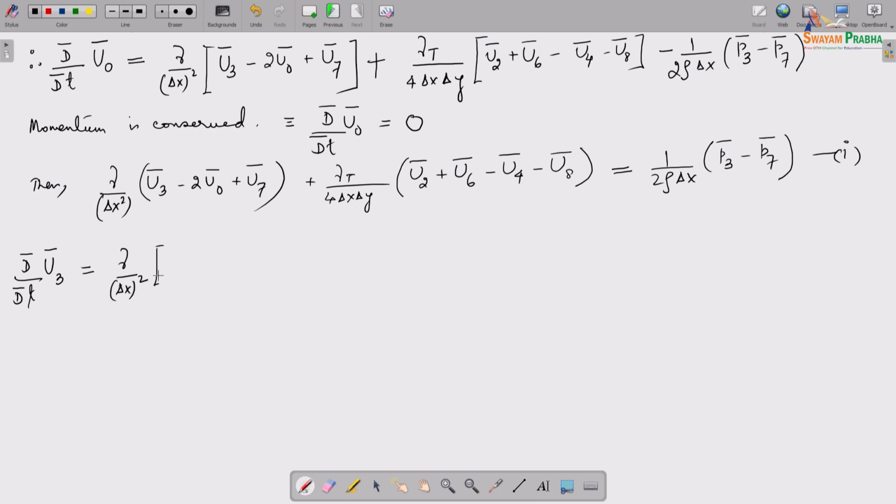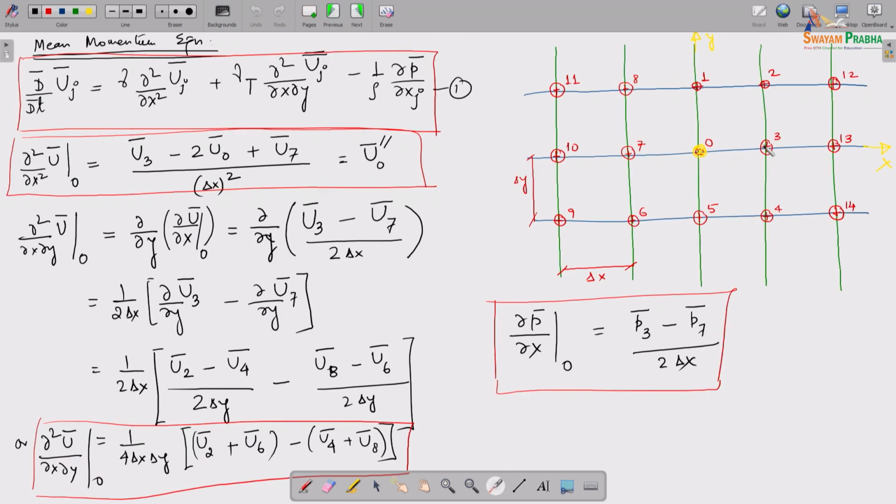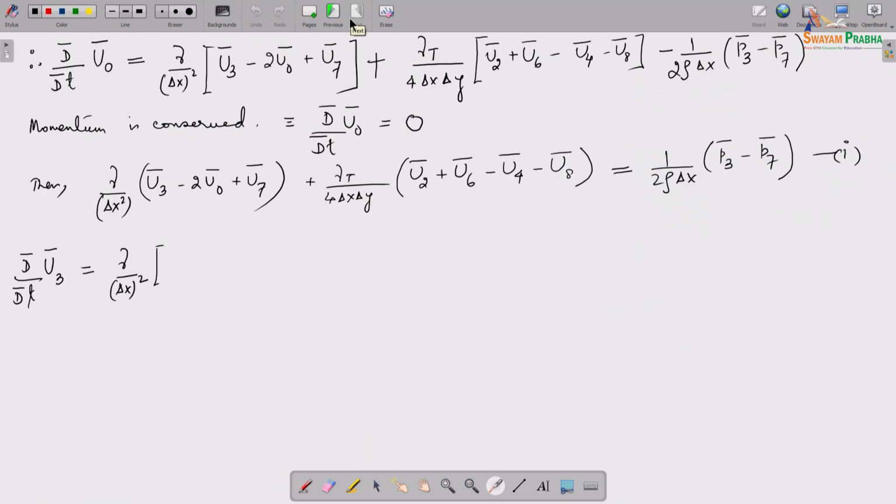Let's go back, so 3. We will need 13 and naught. So function value at 13 plus function value at 0 minus 2 times the function value at 3. That's the central difference formula.